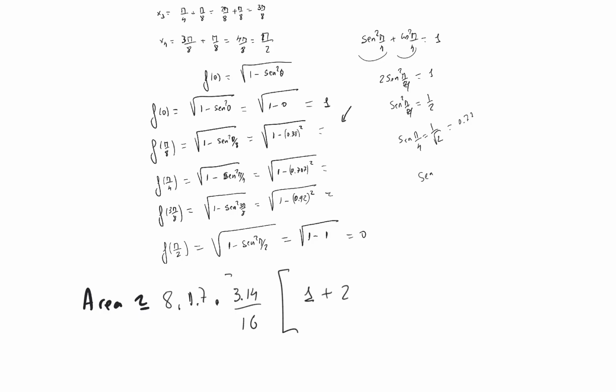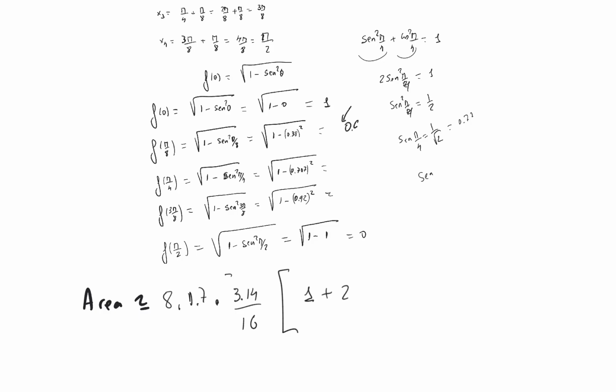It will be 0.38 multiplied by 0.38, 0.144, minus 1, change the sign, plus multiply by minus 1, 0.85, the square root of 0.85, more or less 0.92.